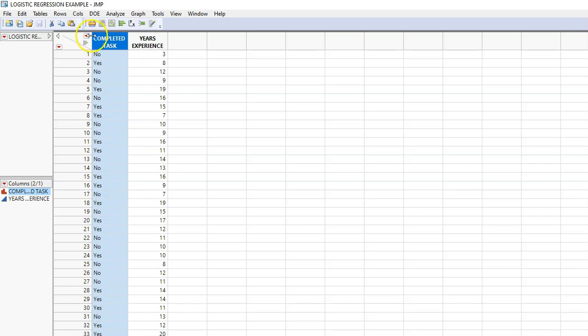If they complete the task, we put yes. If they don't complete the task, we put no. And what we are interested to know is, based on years of experience, can we predict and find the probability of a candidate completing the task or not.